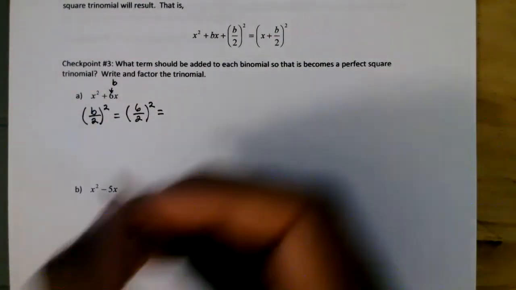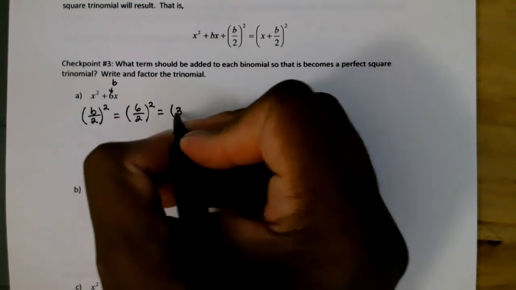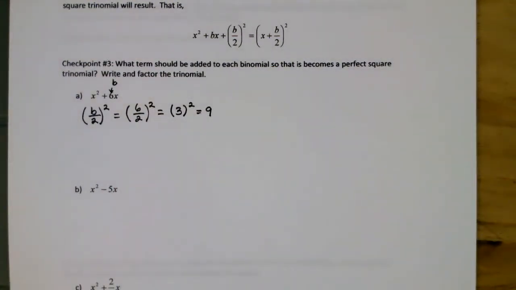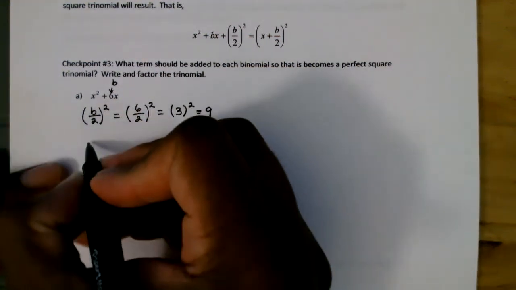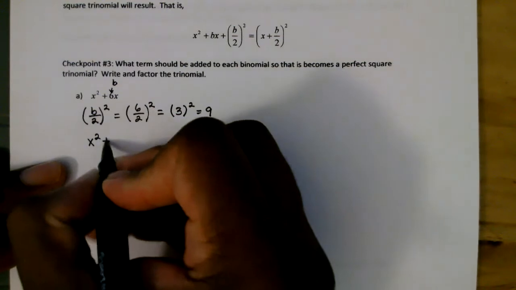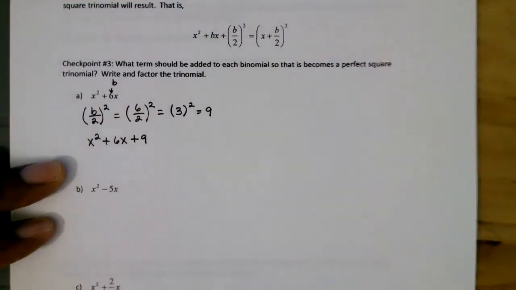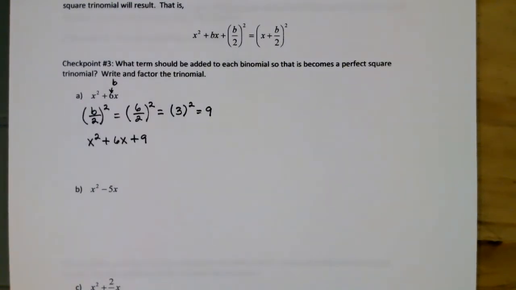If you take half of 6, which is 3, and square that 3, you're going to get 9. So that means we're going to have to add that 9 to the x squared plus 6x. So I'm going to bring this down, x squared plus 6x, and then add 9 to it. That would be my perfect square trinomial.